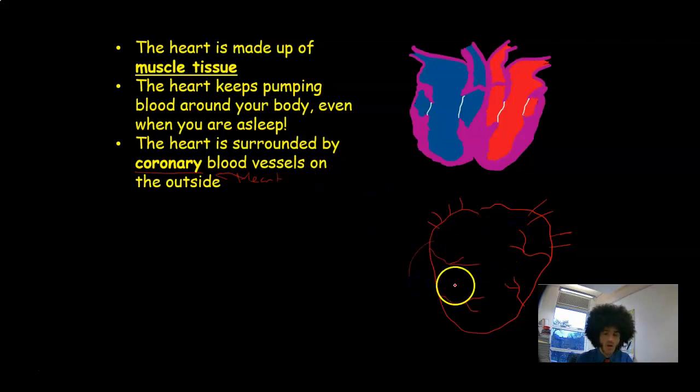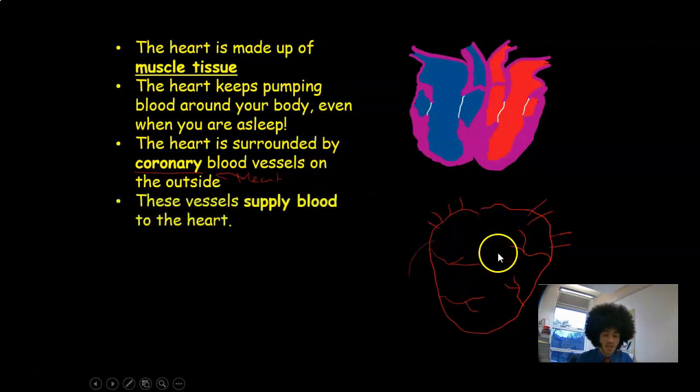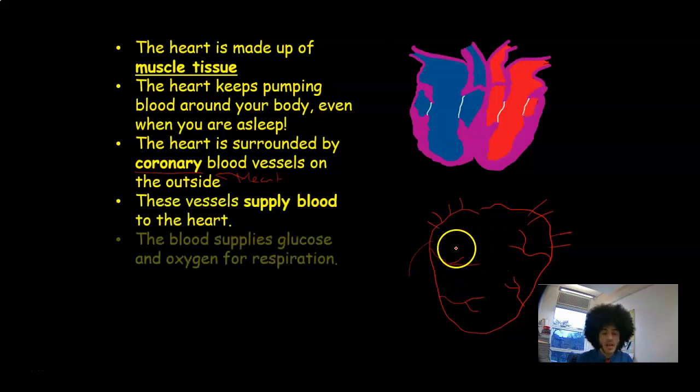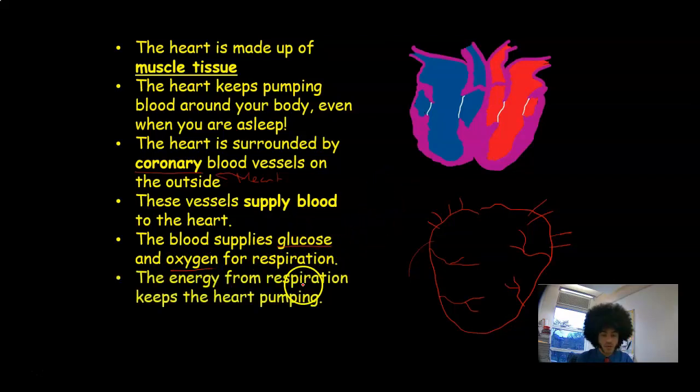Now the reason why the heart has these blood vessels is because it needs blood itself, okay? And the reason why it needs blood is because it needs the glucose and the oxygen for the process of respiration, and respiration is needed for the energy that it provides. Now if you remember, respiration is glucose plus oxygen, which makes carbon dioxide and water, and it also makes energy, and it's this energy that the heart needs because it's pumping all the time.